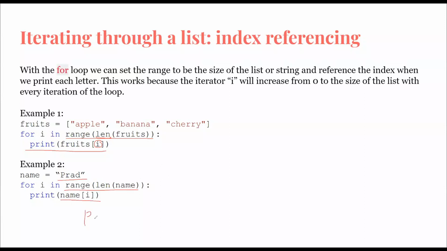The output is still Prad, because we didn't put any spacing in it. So this entire thing is the same as just printing out the name straightforward. But a list is very similar to a string, because a string is technically a list, a list of different characters combined together.